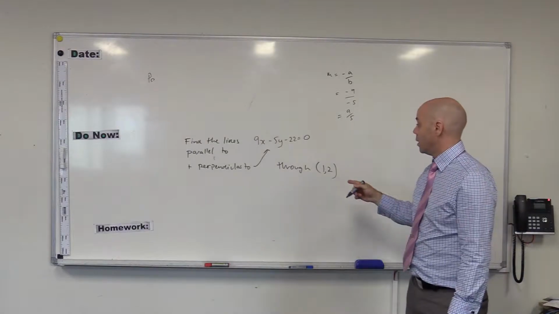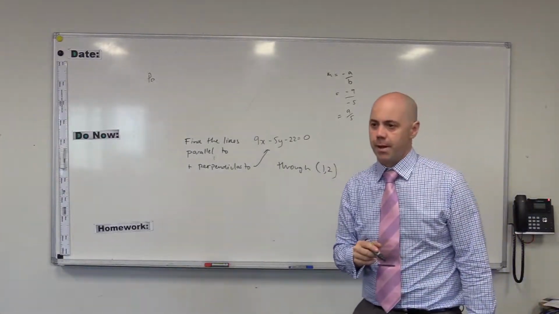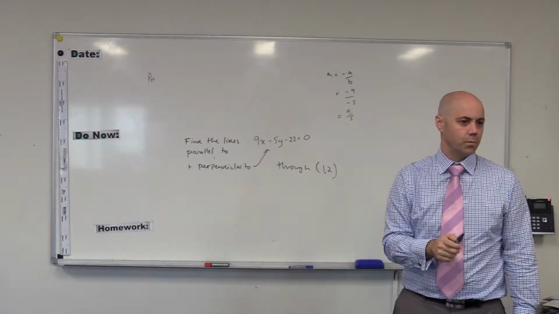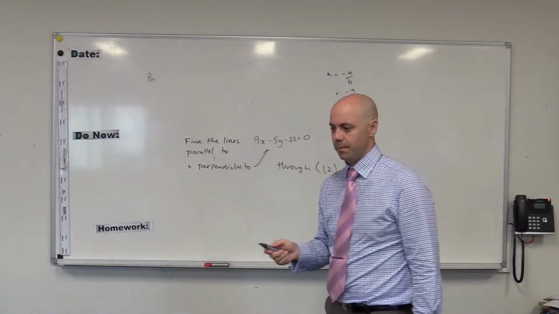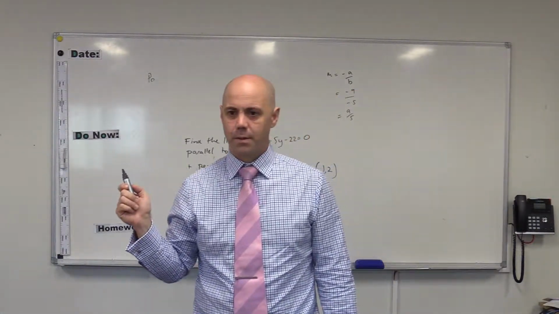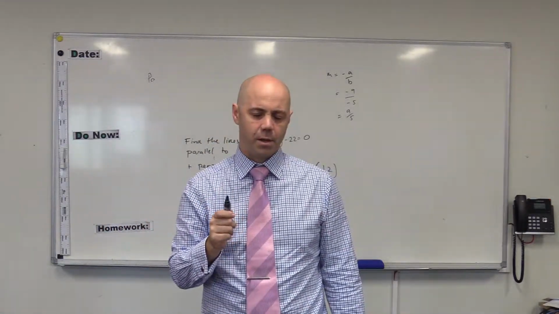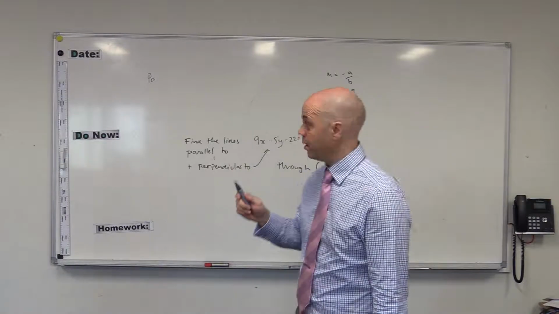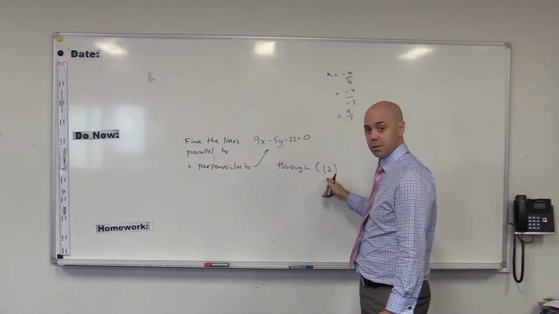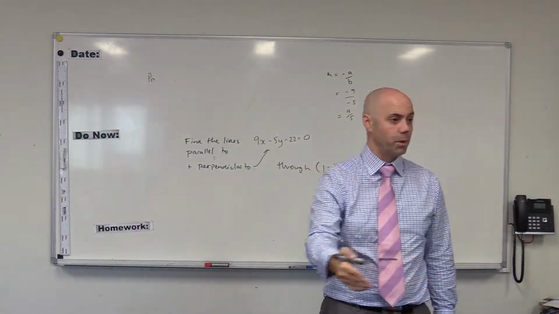And so I've got a gradient and a point. How am I going to work out an equation from that? I spoke about it on the board about 5 minutes ago. We're doing parallel at the moment, so I want the parallel line through this point. What formula am I using?